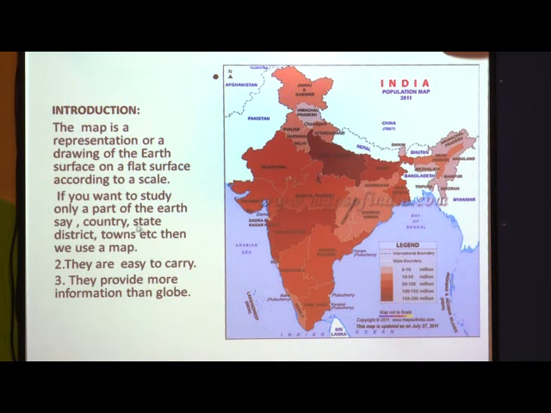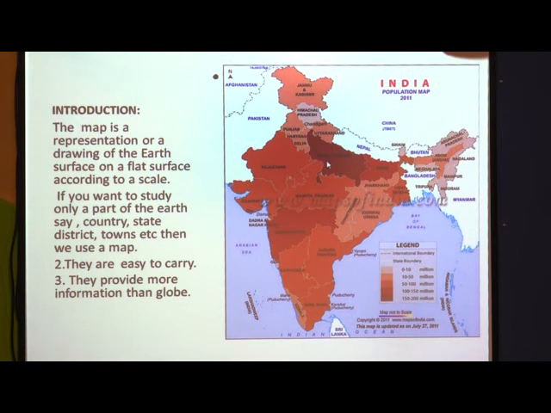If you want to study a particular state, then we get that state's map also. It is important to study the districts and towns too. For all this purpose we use maps.